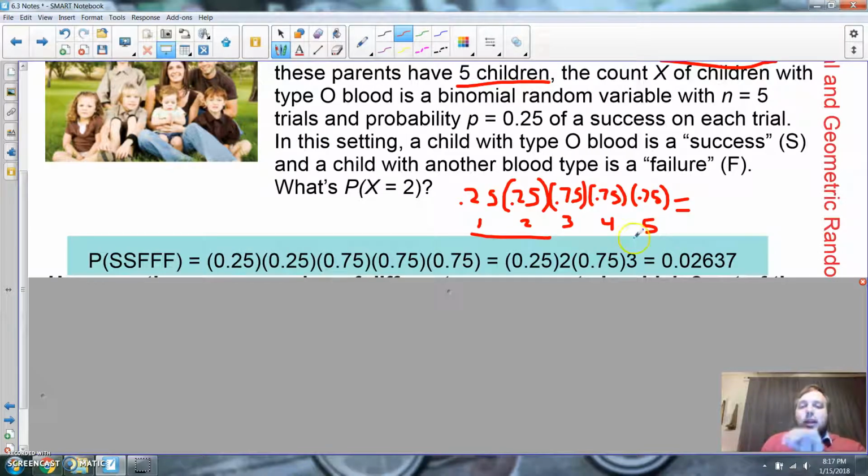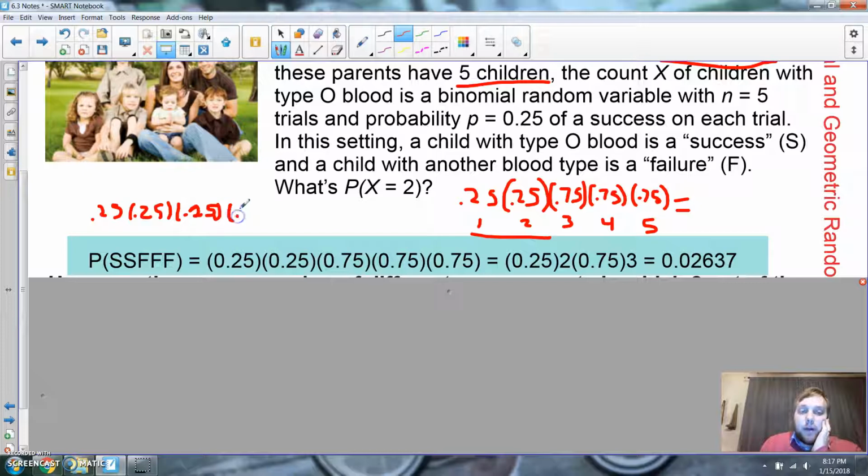So let's go back now. What's the probability of them all having it? All successes. Well, that would be 0.25 times 0.25 times 0.25. Remember, there's 5 kids.